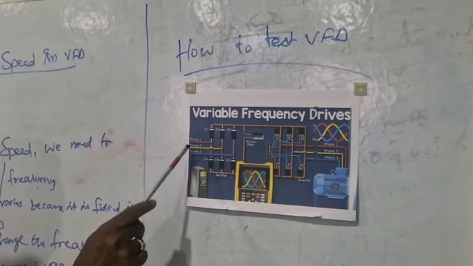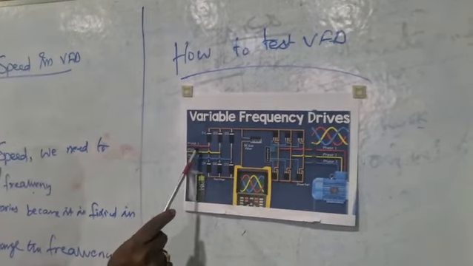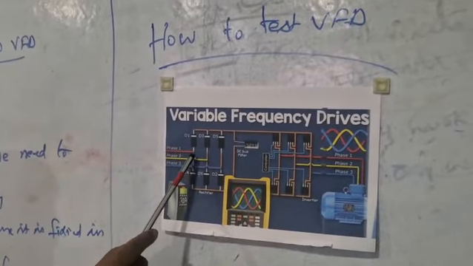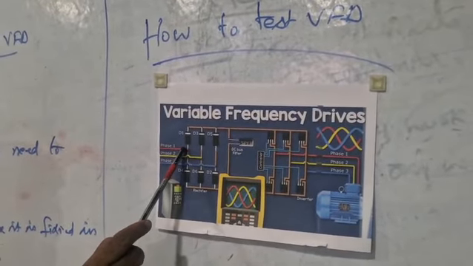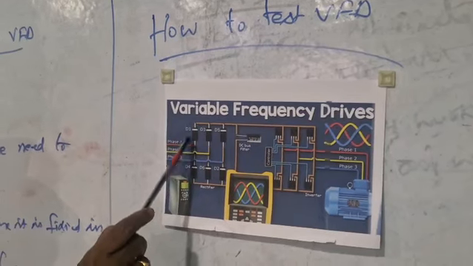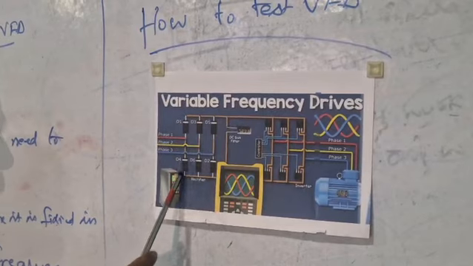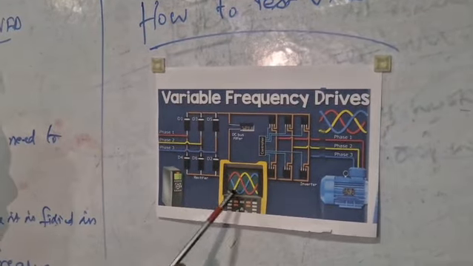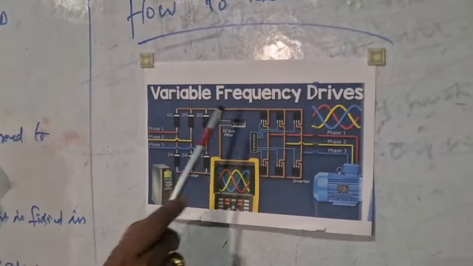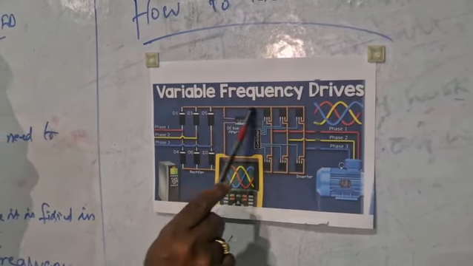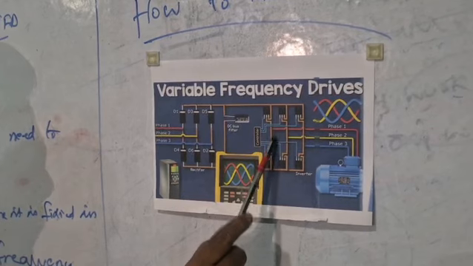Test VFD. When you give 3-phase RYB, 415 volt, 50 Hz to the VFD rectifier circuit, when the anode positive voltage goes, from the cathode we get DC pulsated voltage. When it connects to the DC bus, the DC bus converts pulsated DC to 100% pure DC.